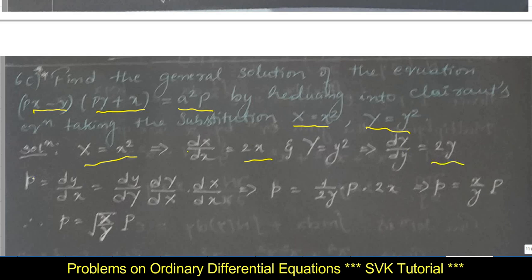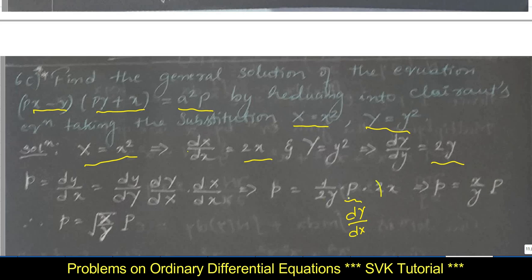Then we are going to find out p. Small p is nothing but dy by dx, which is equal to dy by dY into dY by dX, multiplied by dX by dx, which is equal to 1 over 2y into capital P, where capital P is nothing but dY divided by dX, into 2x.